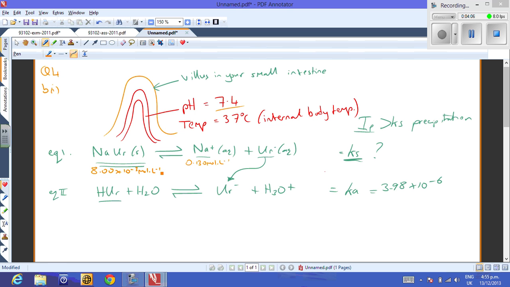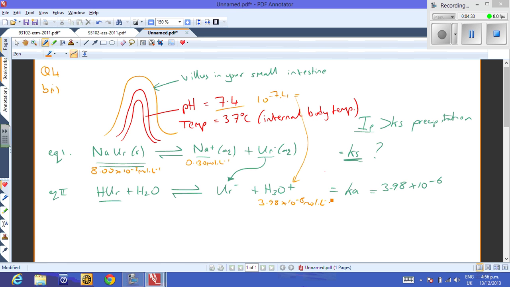So you can write that there. And then you can also write down your concentration of H3O plus, the hydronium ions, because you can take 10 to the minus 7.4, which is the pH you're given. So 10 to the minus 7.4 gives you your concentration for down here, which is 3.98 by 10 to the minus 8 moles per liter.